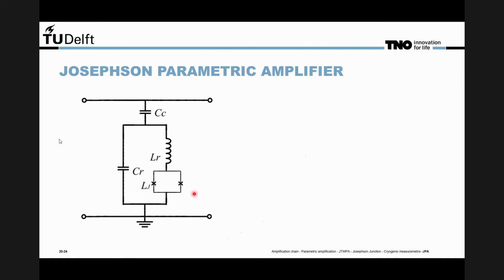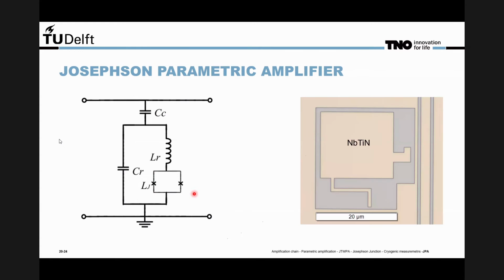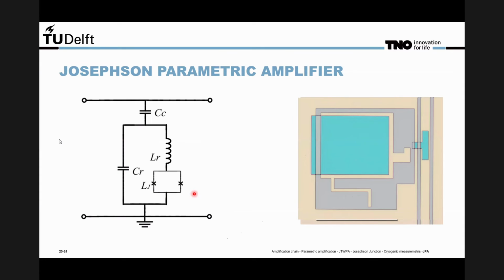The fabrication of this device was actually quite similar to the TWPA device. First we have, again, the niobium titanium nitride sputtered and patterned on top of silicon. Then we deposited using PECVD hydrogenated amorphous silicon.